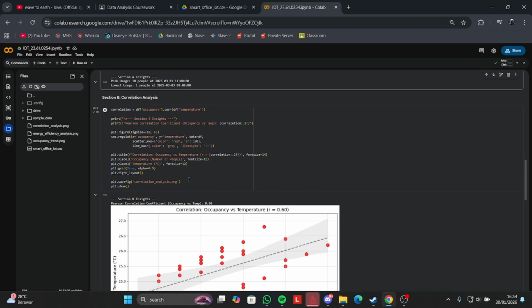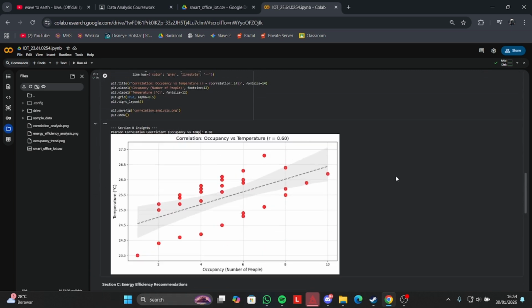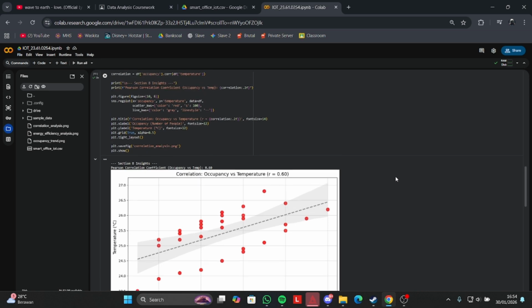The code is showing us the correlation between occupancy and temperature. And then this is Section B.